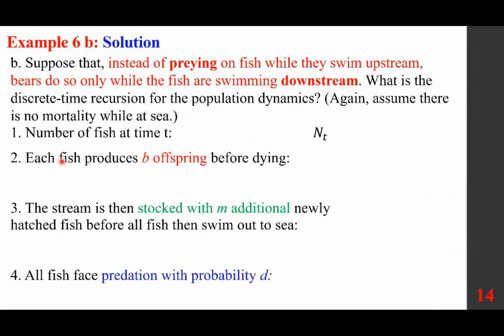That means now each fish goes up and gives us b offsprings, b times that. Again, you can write this one plus b times that minus itself, or simply multiplied by b because each one gives us 5 times that, 10 times that, or b times that. Now we add m additional, newly hatched fish. So add m.